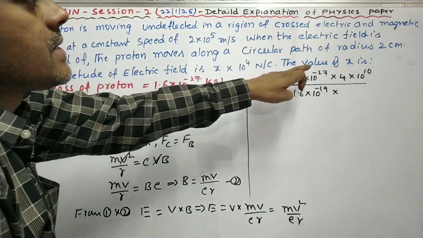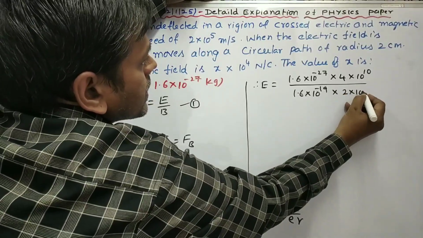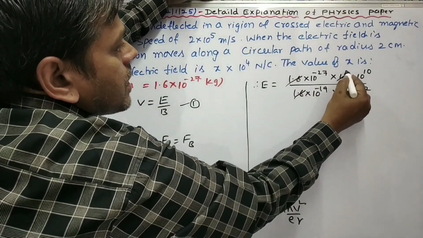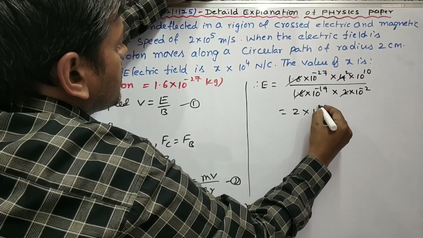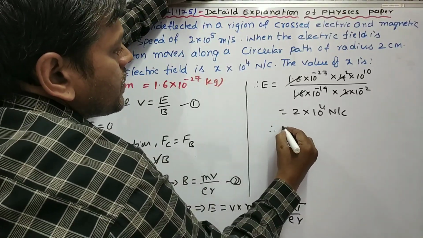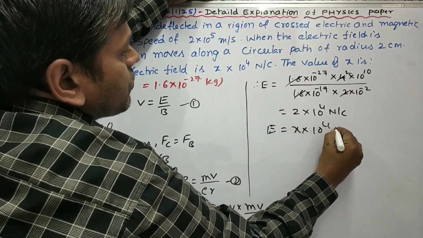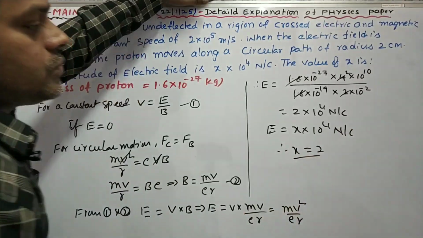The radius of the circular path is 2 centimeter, which means 2 into 10 power minus 2. The 1.6 cancels, the 2 cancels, so E is 2 into 10 power 4 Newton per coulomb. Therefore, comparing it with E is equal to X into 10 power 4 Newton per coulomb, X is equal to 2.